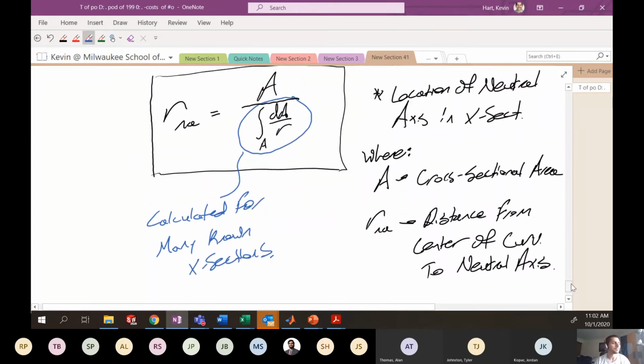Okay. This is given in your equation sheet, and it's also in the notes for the lab handout today. So this is what your equation sheet looks like. I'm going to pull it up quickly.